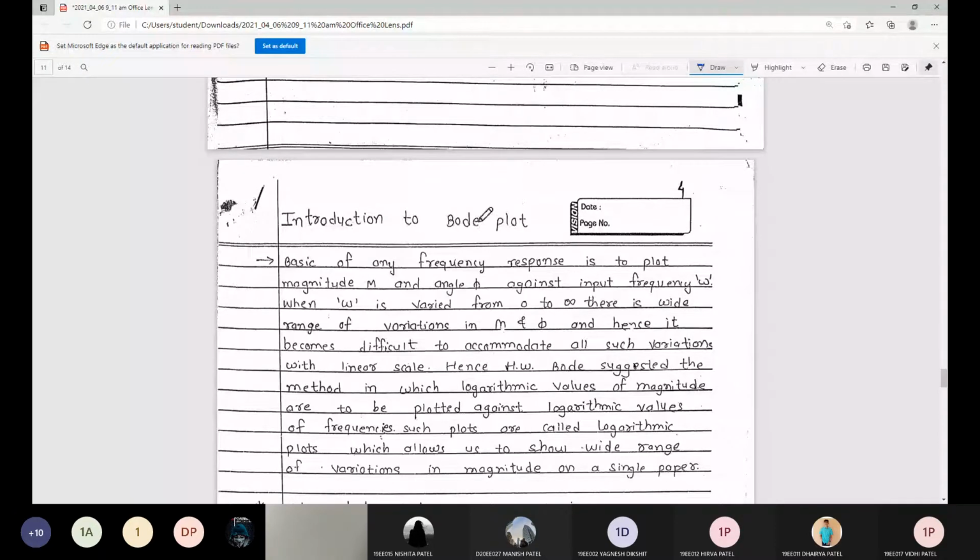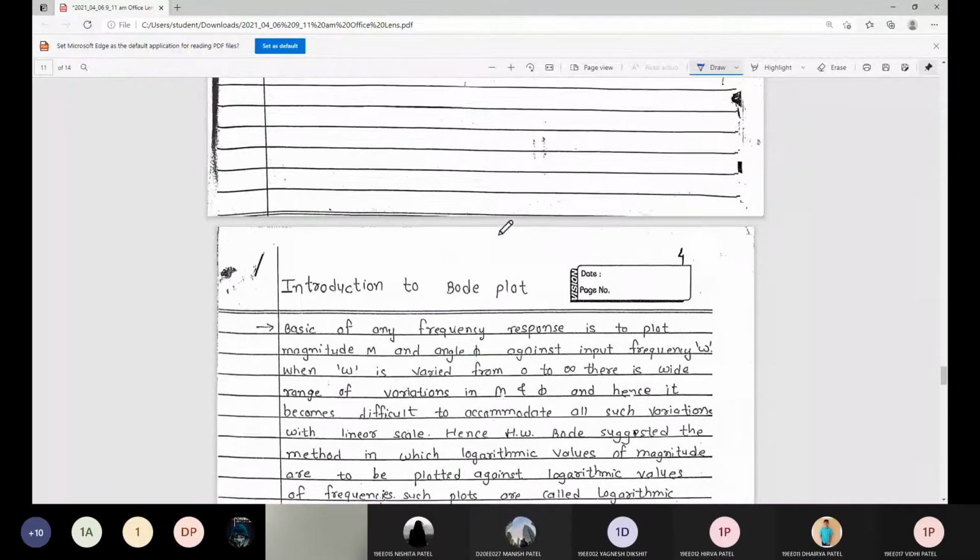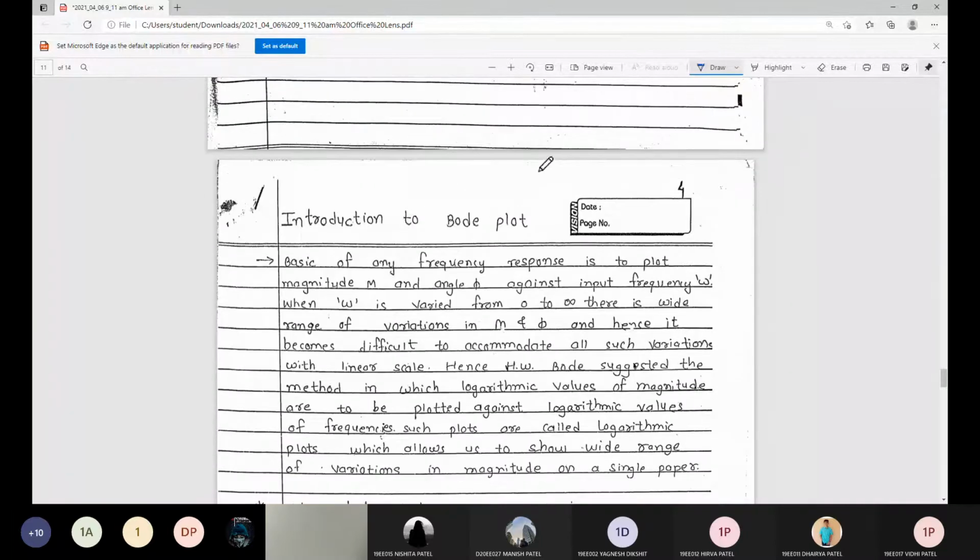You have gone through the concept of root locus analysis. In your root locus plot, you find the stability of the system by varying the value of k. Similarly, in the Bode plot, we take one system and vary the frequency from 0 to infinity, and we see the behavior, the output and the magnitude of the system, and we can comment on the stability.